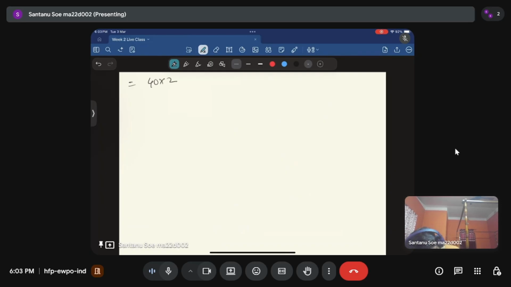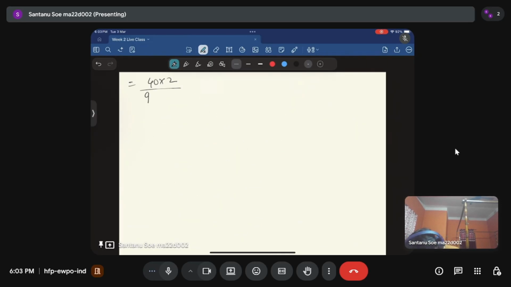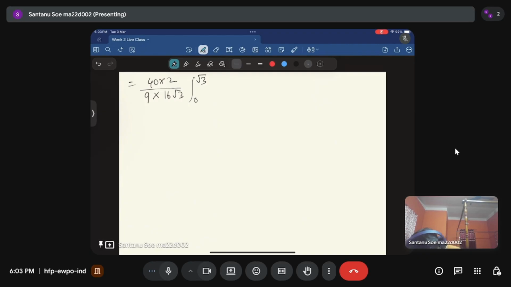40 times 2 divided by 9 into 16 root 3, the integral from 0 to root 3 of 3y square minus y to the power 4 dy. Okay.